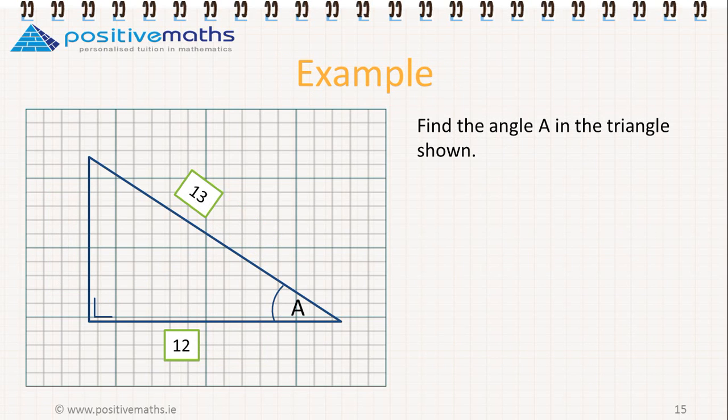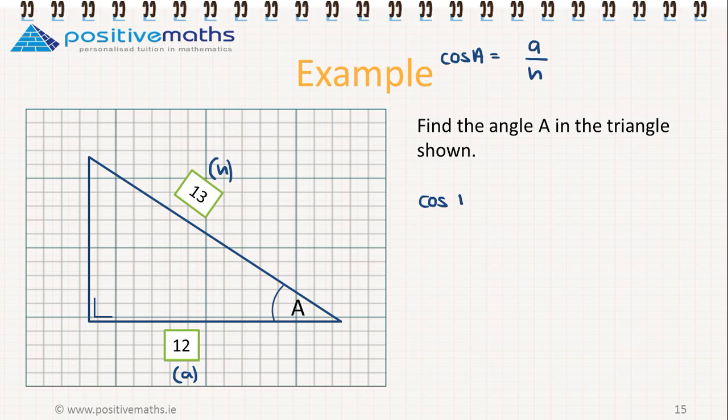So let's look at an example. We want to find the angle A in the triangle shown. The first thing we need to do is to label our sides in relation to the angle A. So we know the side that's a measure of 13 is the hypotenuse, and the side that's a measure of 12 is the adjacent. So if we're dealing with adjacent and hypotenuse, we should remember that we need to use the cosine.